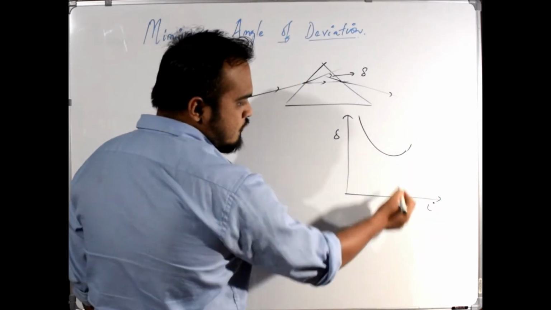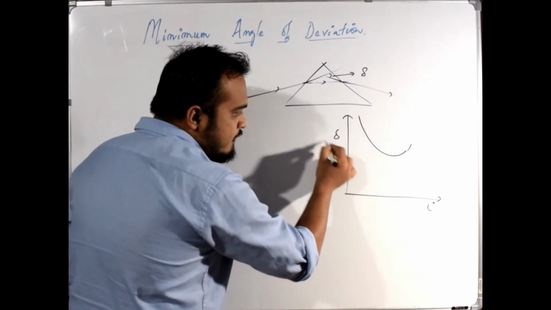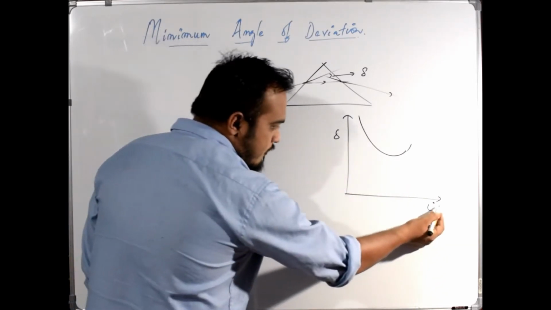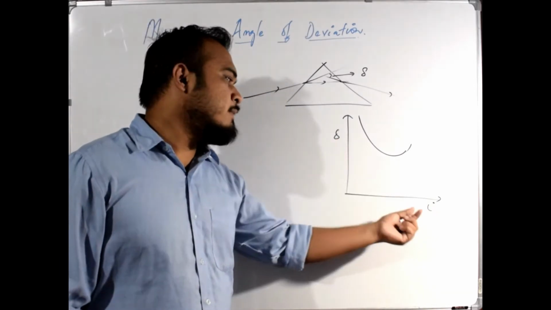There will be a value of I for which the value of delta will be minimum.